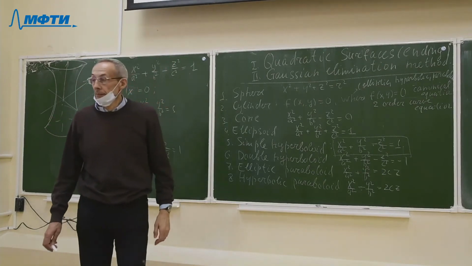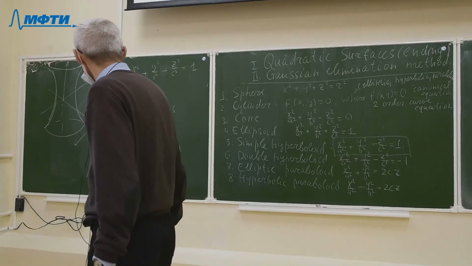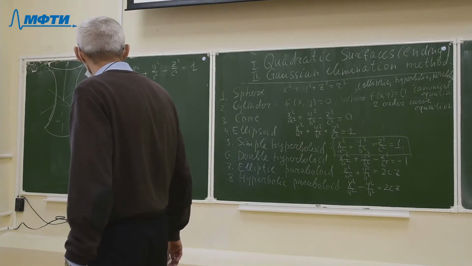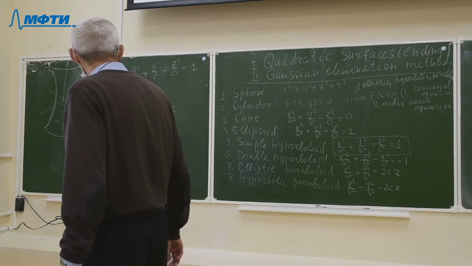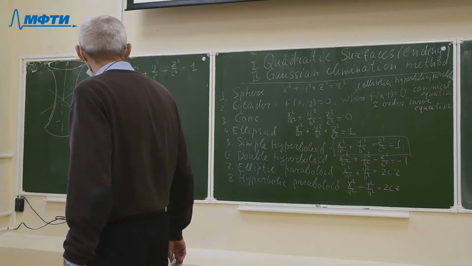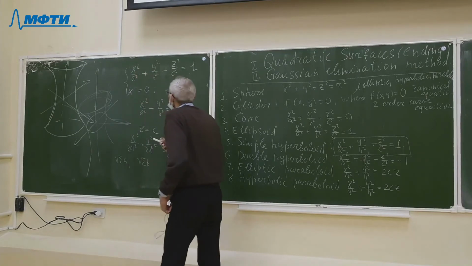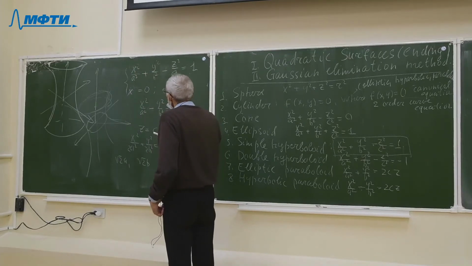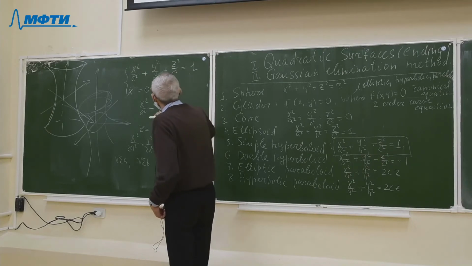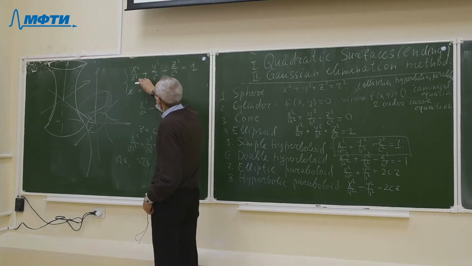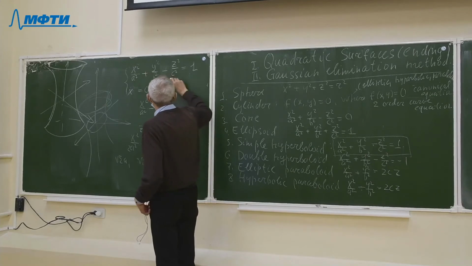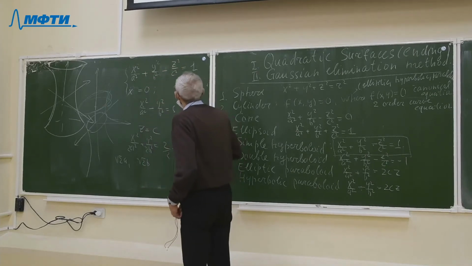Question. If, for example, A, B, and C are arbitrarily small, X, Y, and Z are arbitrarily small, then our hyperbola will be a very small line, right? X and Y cannot be small enough. Let's put X equals 0, Y equals 0.